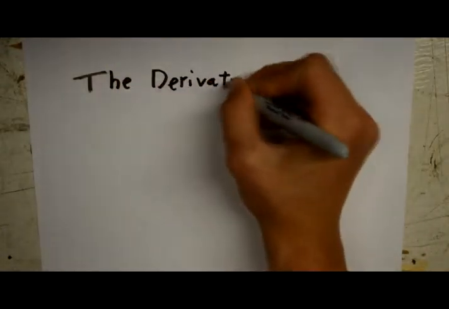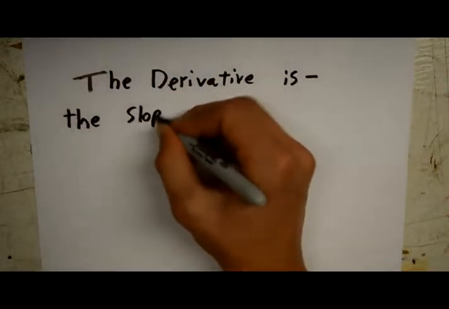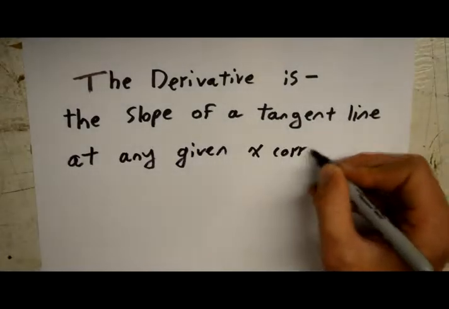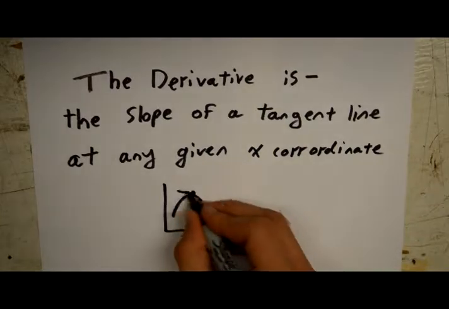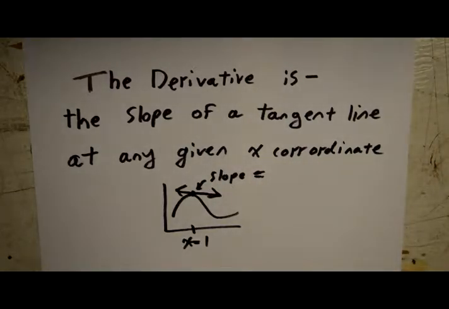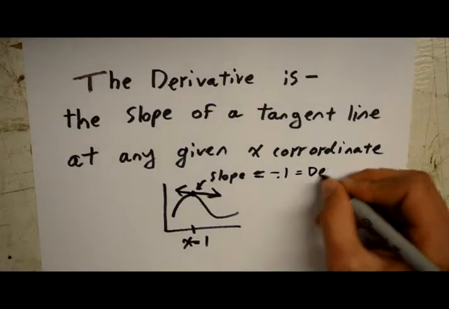Just to recap, the derivative is used to find the slope of the tangent line of a curve at any given point of x without using the standard slope equation, y2 minus y1 over x2 minus x1. This is a really powerful thing to do, and I'll show you examples later.